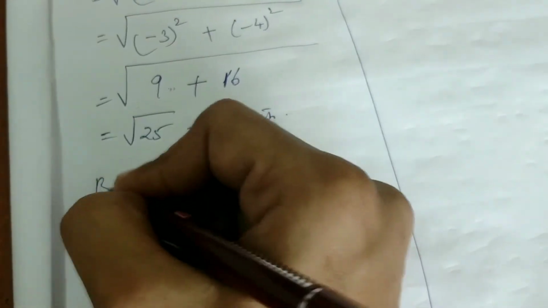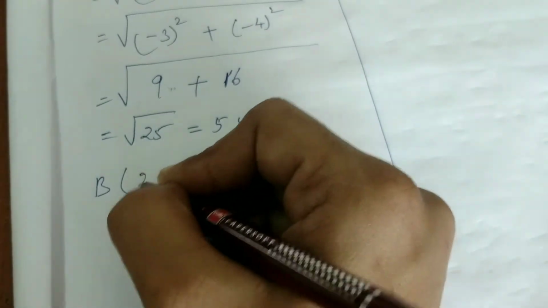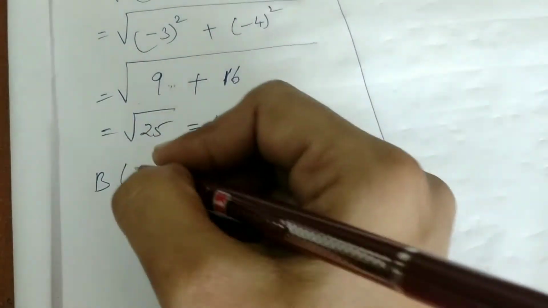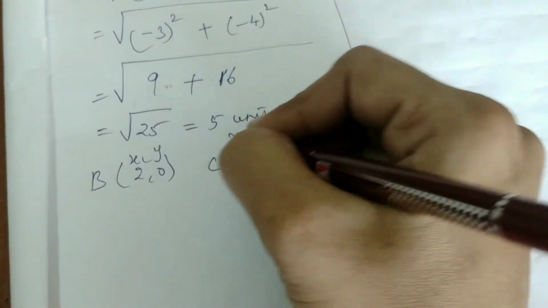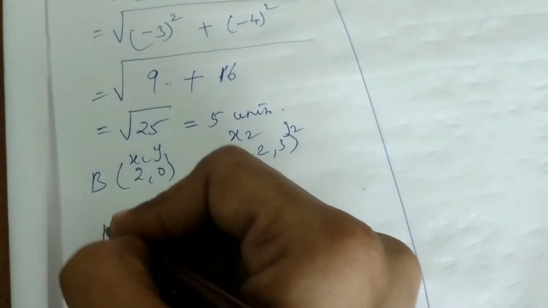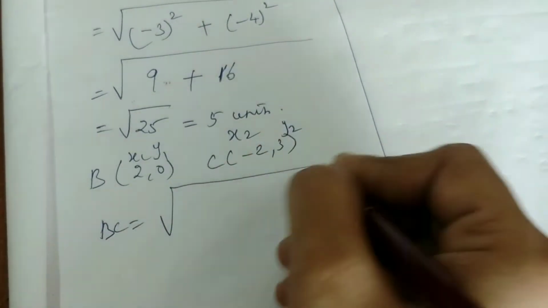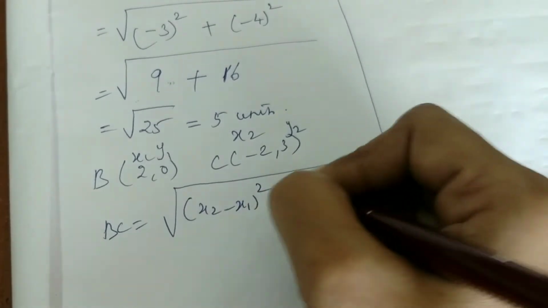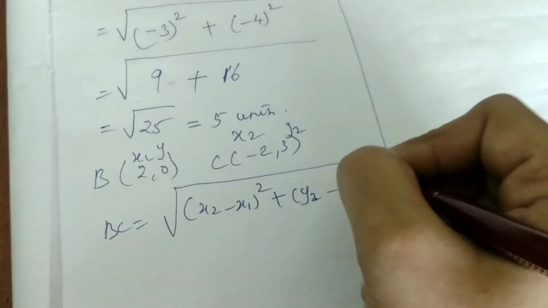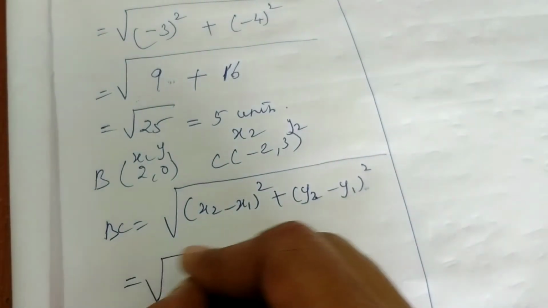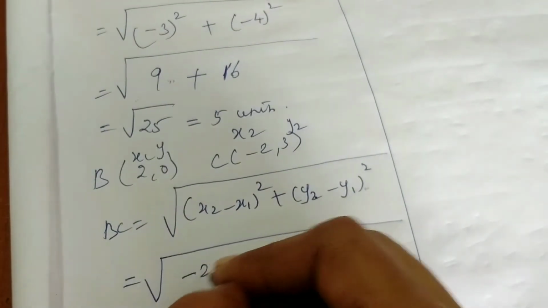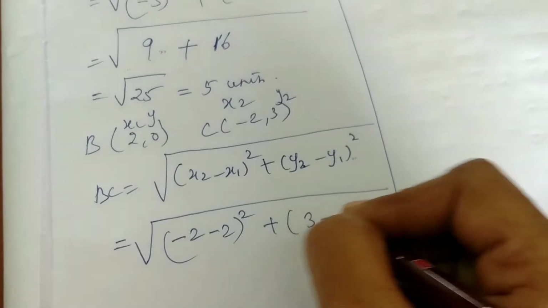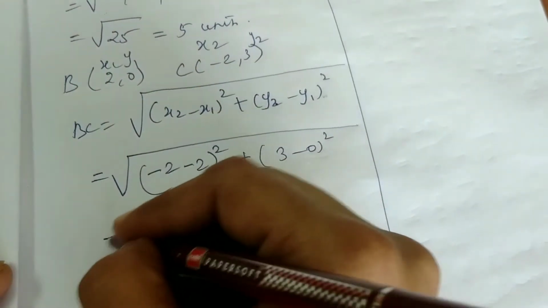Now we have to find the BC distance. B point is 2, 0 and C point is minus 2, 3. Take these as x1, y1, x2, y2. So BC equals square root of (x2 minus x1) the whole square plus (y2 minus y1) the whole square, equal to square root of (minus 2 minus 2) the whole square plus (3 minus 0) the whole square.